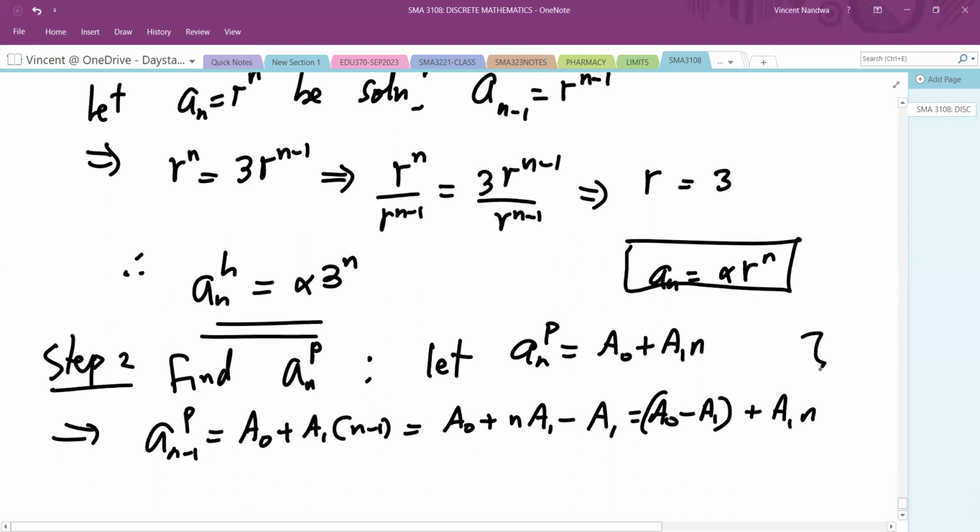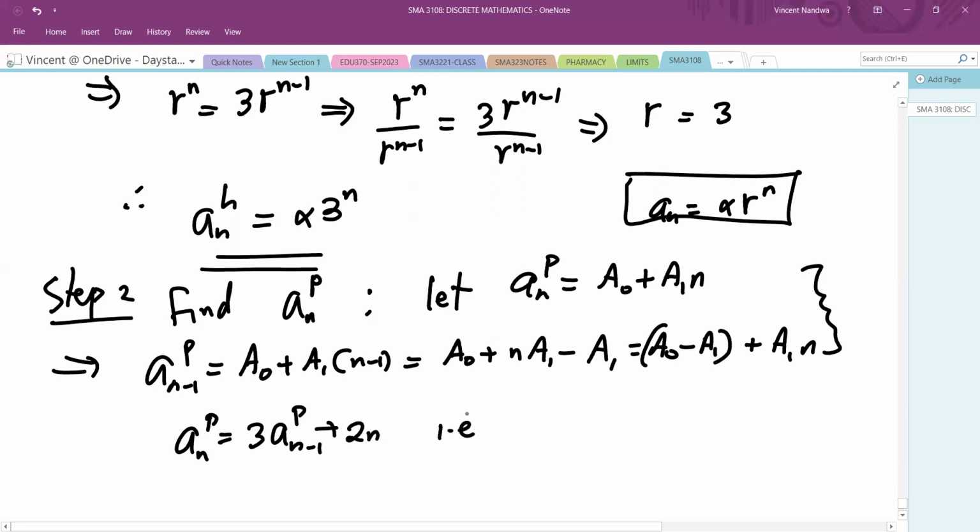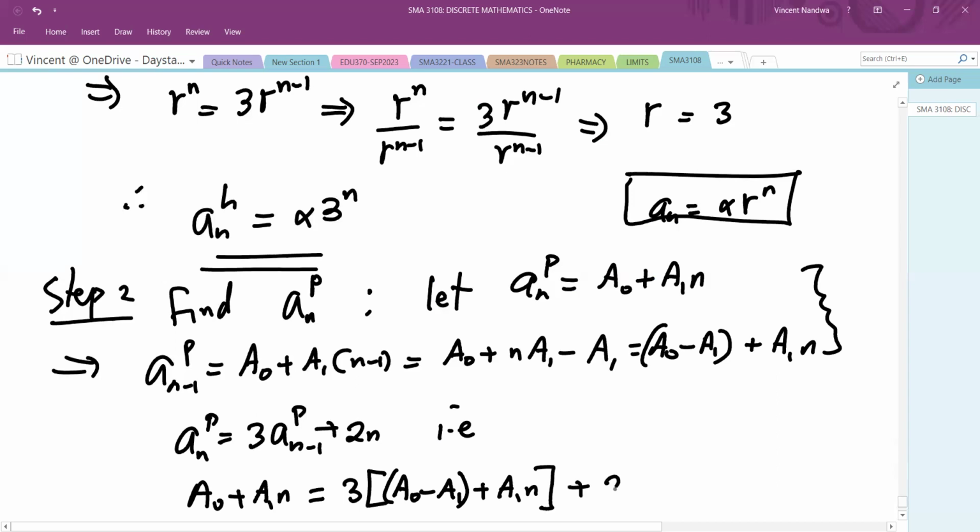So now when we substitute this into the original equation, we'll have a_n equal to 3a_{n-1} plus 2n. That is, where there's a_n, we put a0 plus a1n; where there's a_{n-1}, we put a0 minus a1 plus a1n, multiplied by 3, then plus 2n.